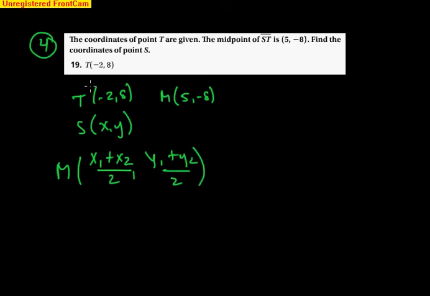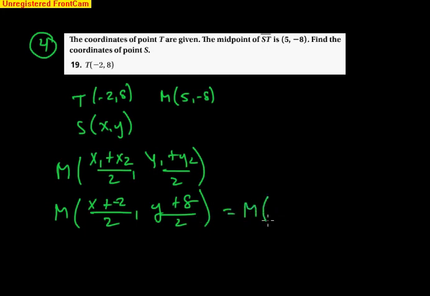So to find the midpoint between S and T, we would set up this equation. So the midpoint is x plus negative 2 over 2, y plus 8 over 2. That would be the formula we would use. But we know the midpoint. The midpoint is exactly 5, negative 8.